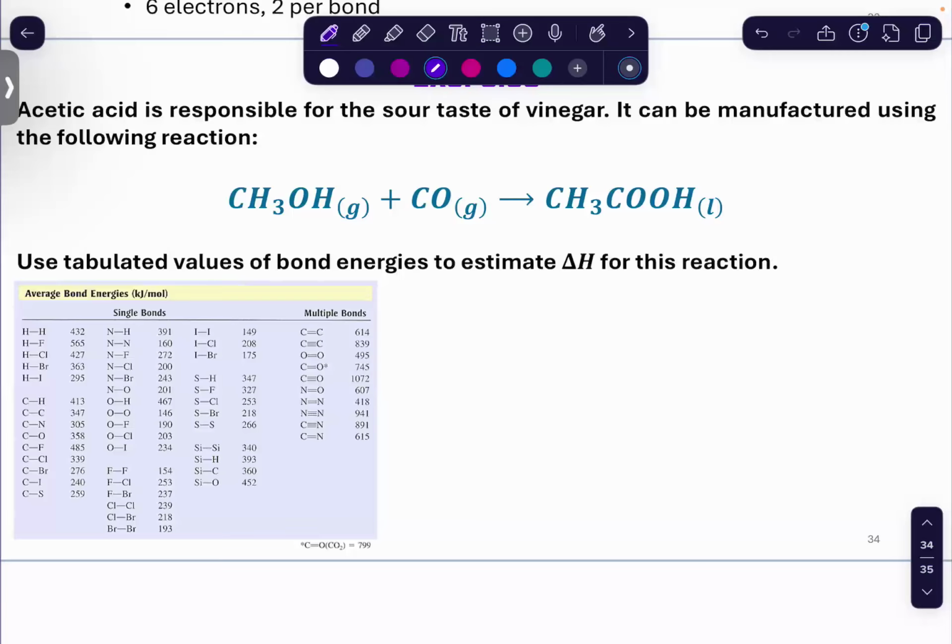Methanol is that. Carbon monoxide is a triple bond. And then our acetic acid, we're going to have our methyl group, and then we're going to have our carboxylic group.